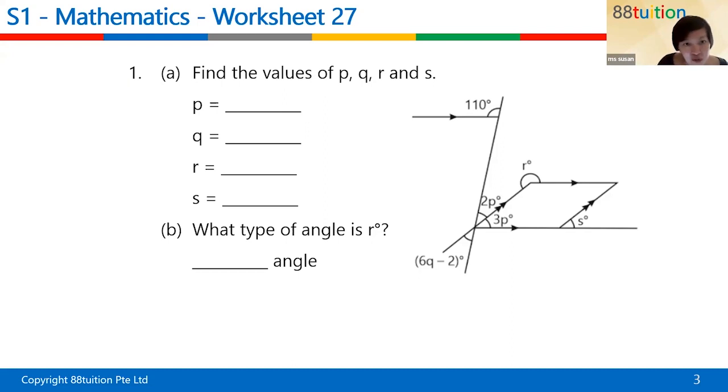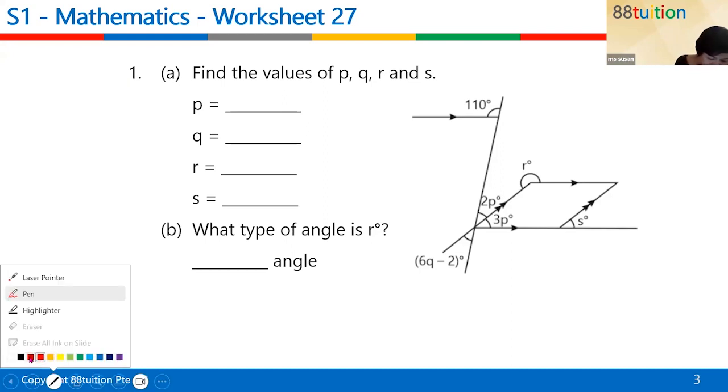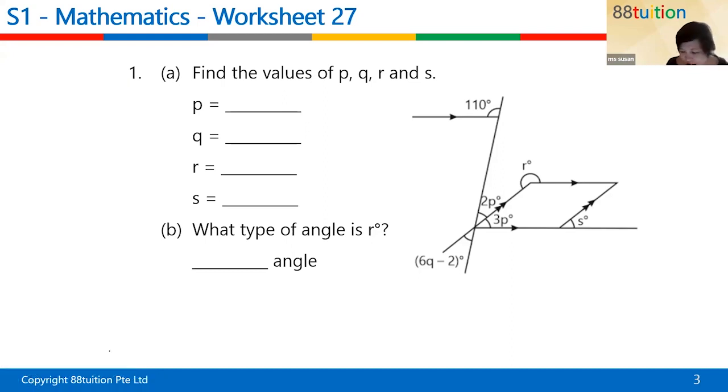All right, so find the values of P, Q, R, and S in the diagram here. First thing first, they wanted a single P. The properties of this diagram here, what they gave is actually this parallel line, which is the most obvious thing. Parallel lines are very powerful because they help you solve a lot of problems.